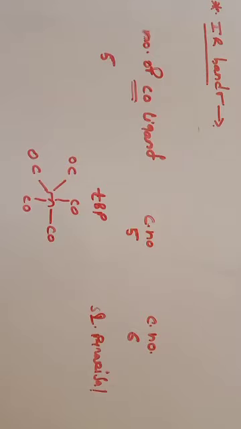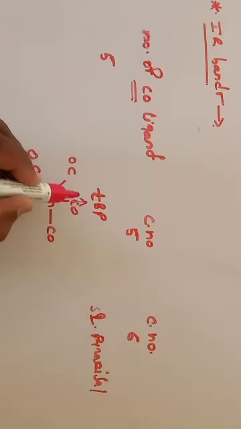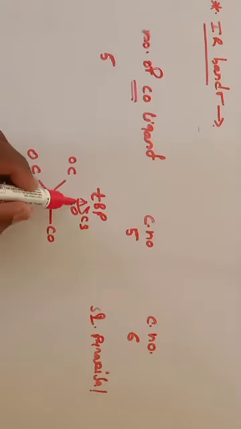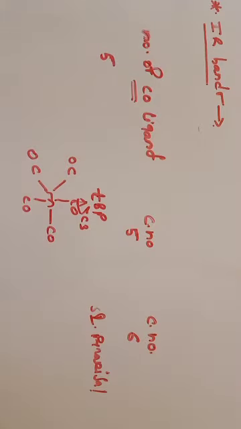And to find out the point group, or the number of IR bands for this trigonal bipyramidal geometry, we know that if you consider this carbonyl which is axial, and this is your C3 axis, it is a symmetric molecule, and the principal axis which is present is the C3 axis. So after C3 rotation, C3 1, C3 2, C3 3 rotation results in the identity operation.